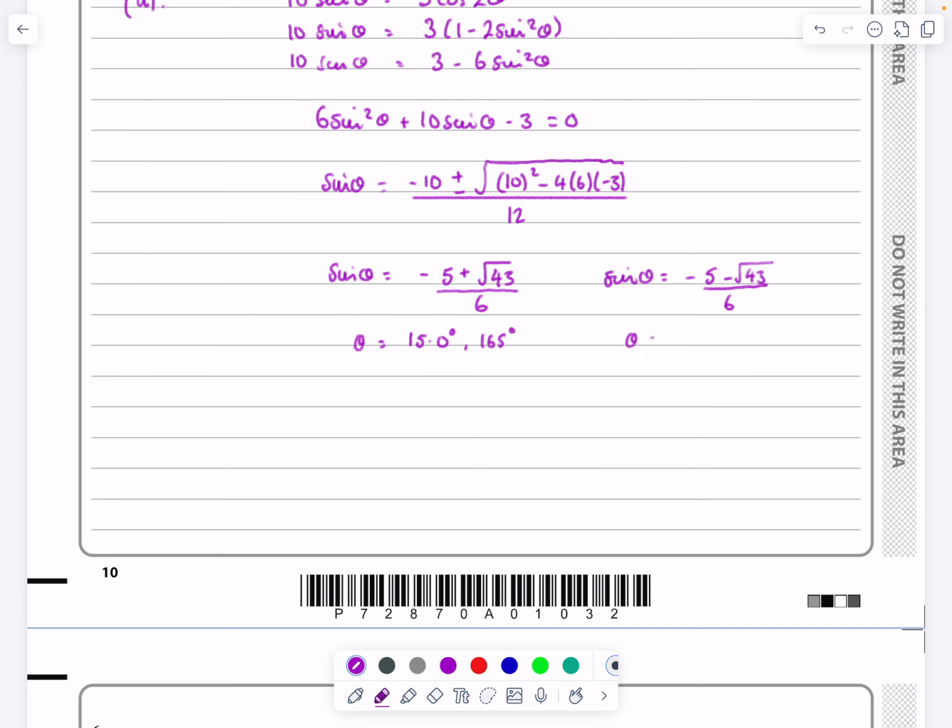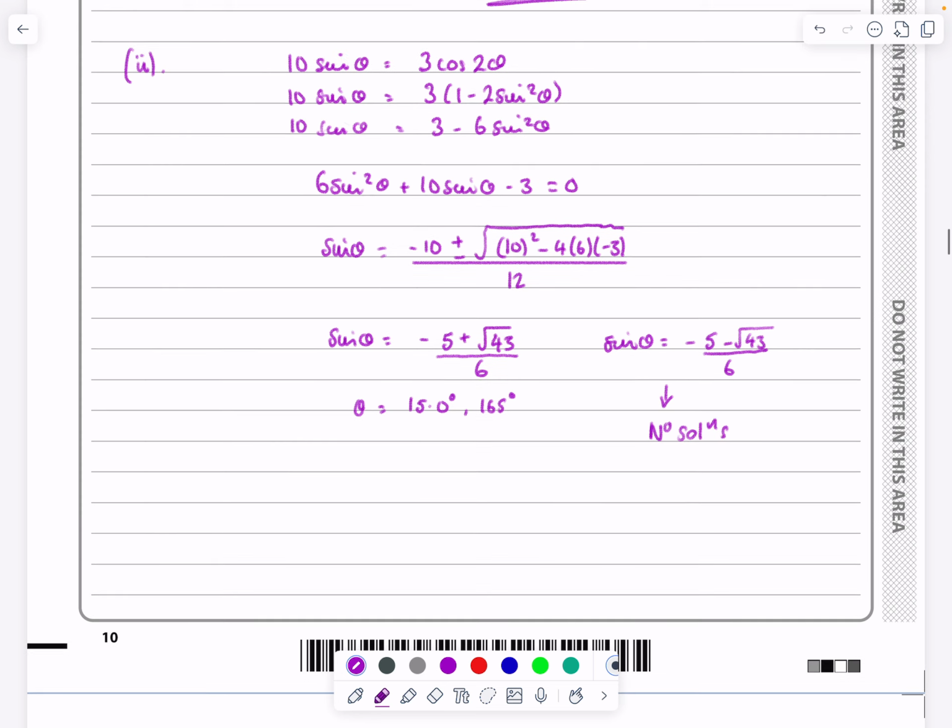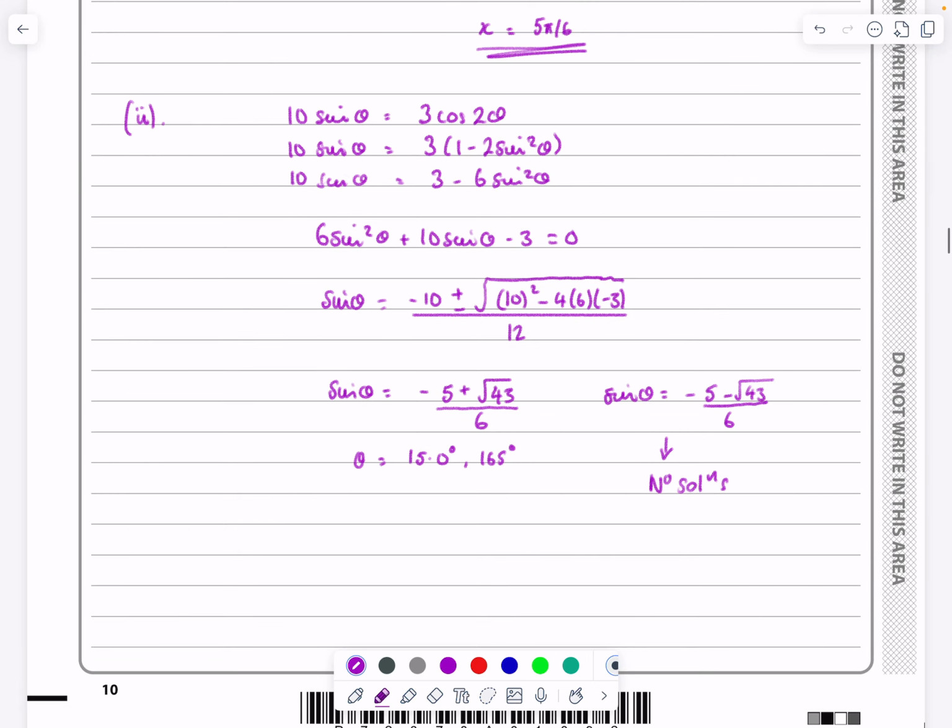And for the other one, it's outside the range, so there's actually no solutions from this part here. Minus 5 minus root 43 over 6 works out to be less than minus 1, so we can't use that.